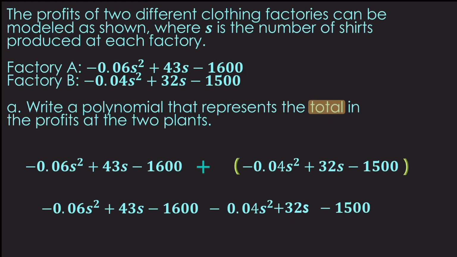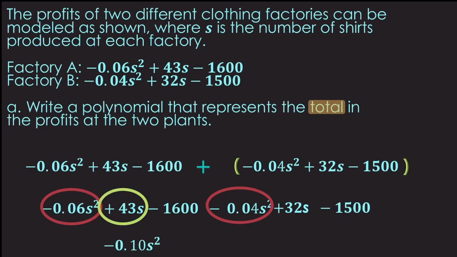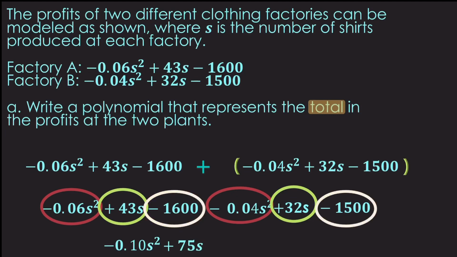Now I combine my like terms the same way. So these two now, it's going to combine differently to give me negative 10S squared. Okay, 10 hundredths, I'm sorry. Then I now have 43, but this time it's plus 32. So I really get 75. And then when I combine these two, there's a little difference now. Last time my 1500 was a positive.